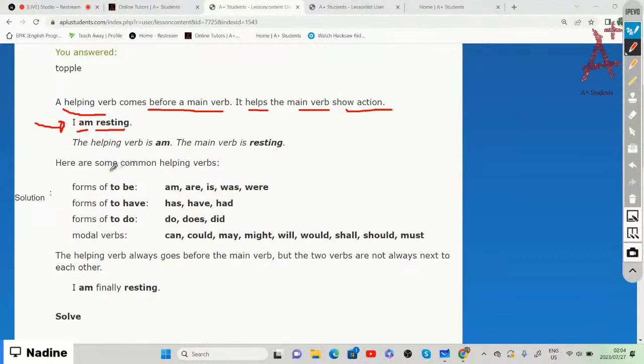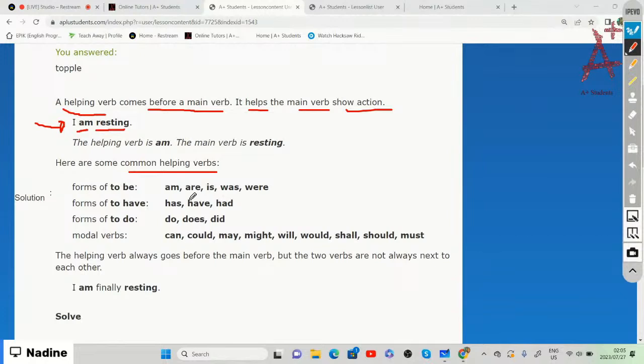All right, so now with am being the helping verb, and we also identified what the main verb is based on the example, here are now a few common helping verbs, right? With a few common helping verbs, we have different forms. So we have ones that form to be, ones that form to have, and the ones that form to do.